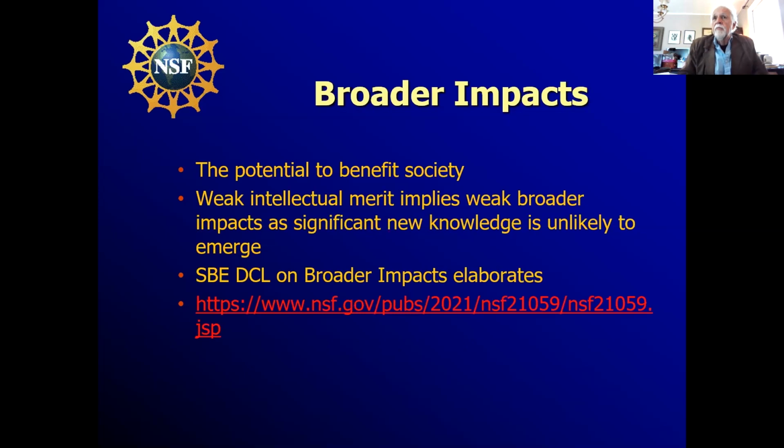That is, if the intellectual merit is weak because of the research design, reviewers look and say, you'll never be able to make any kinds of inferences because you've got a confounding issue. It may have low broader impacts because significant new knowledge is unlikely to emerge.